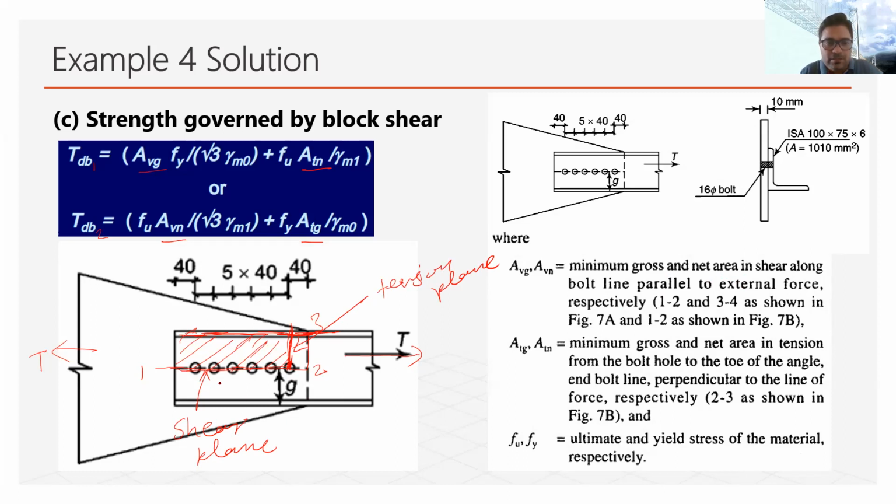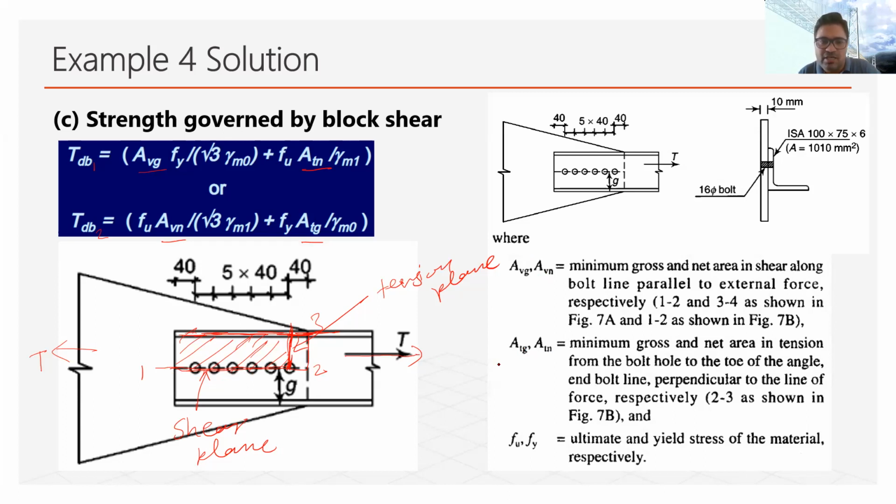So now how do we find out AVG? AVG is the gross area along the shear. So along line 1, 2, the gross area, which means without the hole, what will be the area? Similarly, AVN will be the net area. If we deduct the hole dia, then what will be the area? Similarly, the areas along 2, 3 will be termed ATG and ATN.